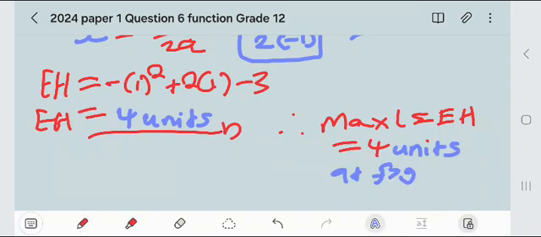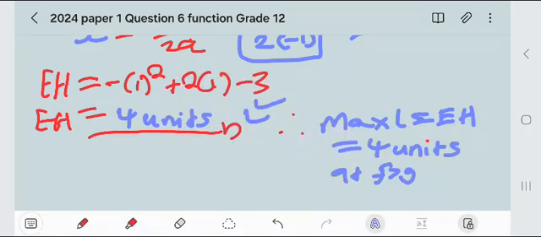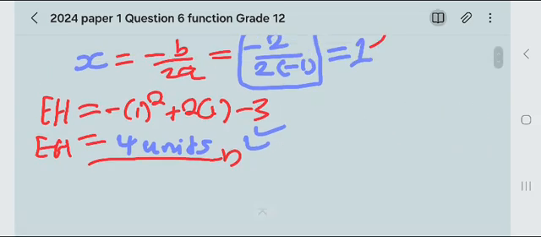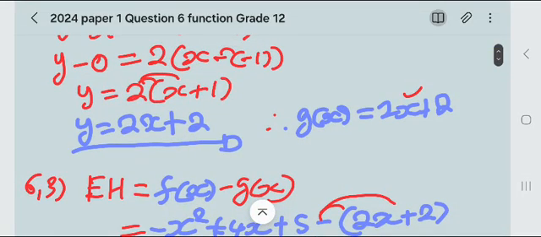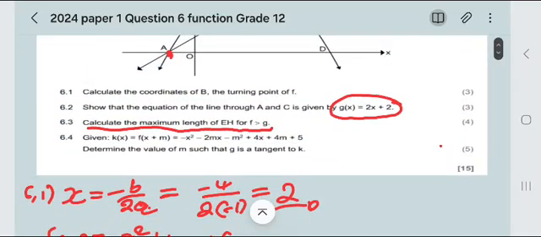But your final answer, if you end it here, you'll get your full marks. I'm just explaining further there. It's one and the same thing. So this is what you're supposed to know. It's 4 units. That will be our maximum length. So we have found that our maximum length is 4 units.